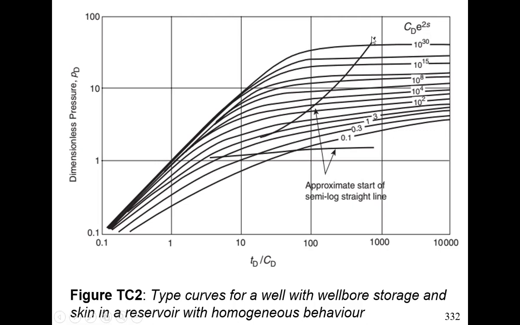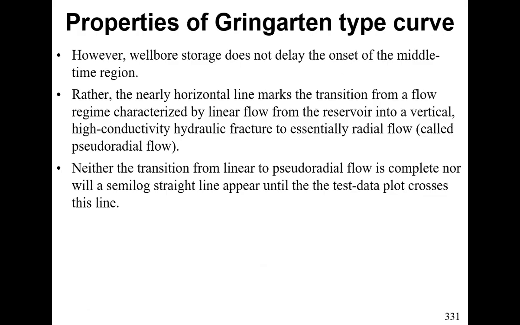Where these curves intersect with the theoretical solutions indicates the approximate start of the straight line. So these type curves help you differentiate: prior to this portion, depending on the solution, is the wellbore storage dominated period, and from here, infinite acting flow develops.